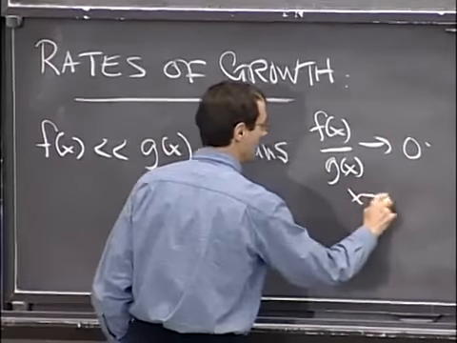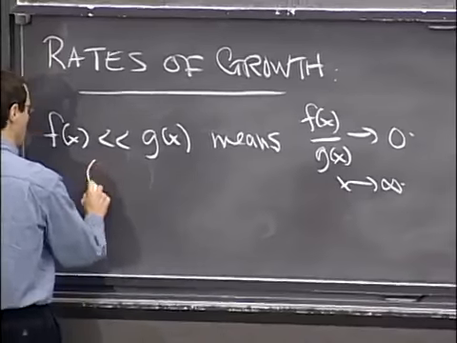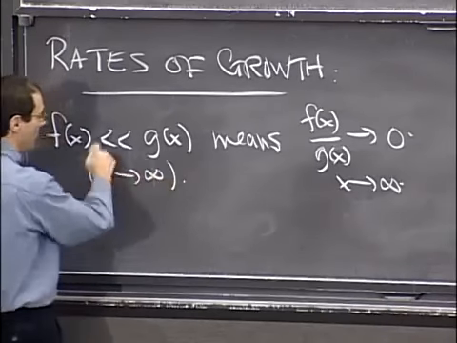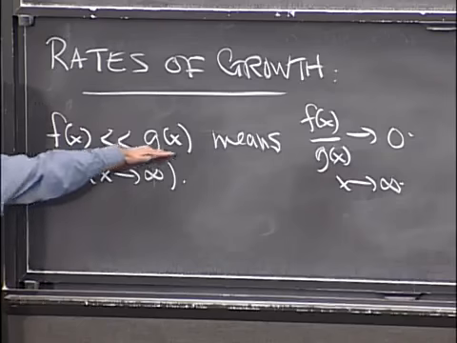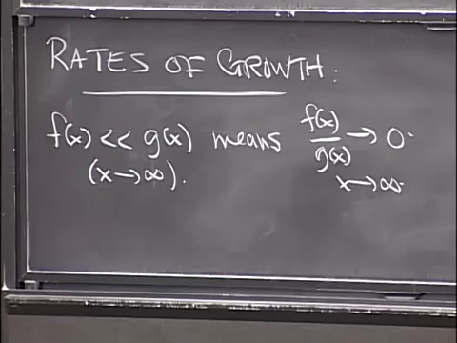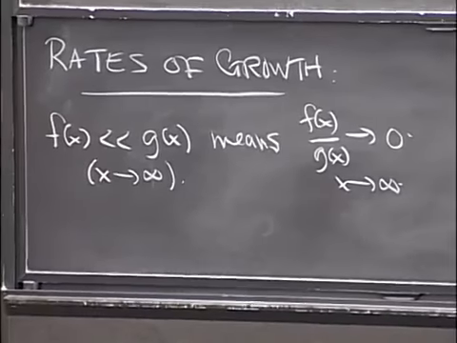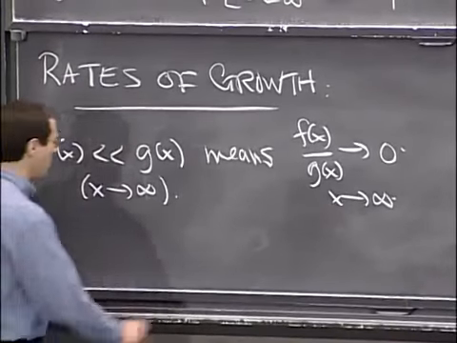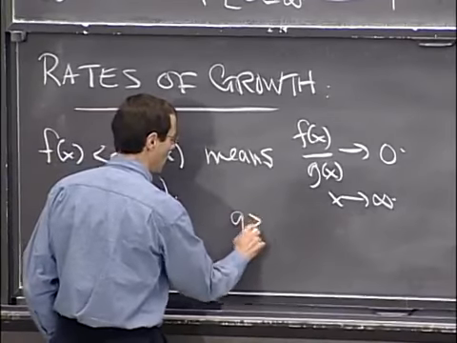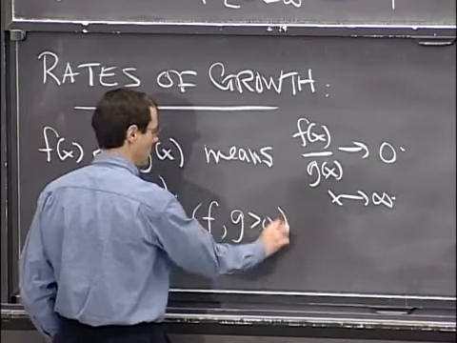All right, so this is a new notation for us. F is a lot less than g. And it's meant to be read only asymptotically. It's only in the limit as x goes to infinity that this happens. And implicitly here, I'm always assuming that f and g are positive quantities.